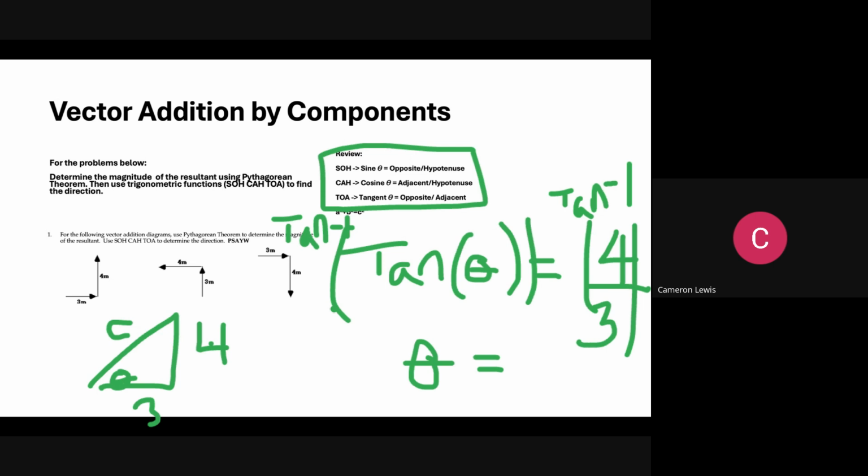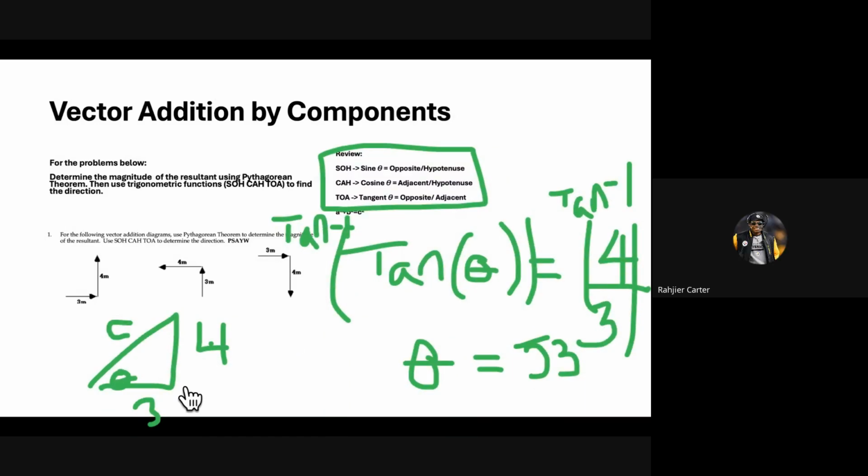When I press it, I should get a number. For me, when I did it, I got about 53. Anyone else get 53? Good. All right, so we got the 53. So that's the process I just went through.